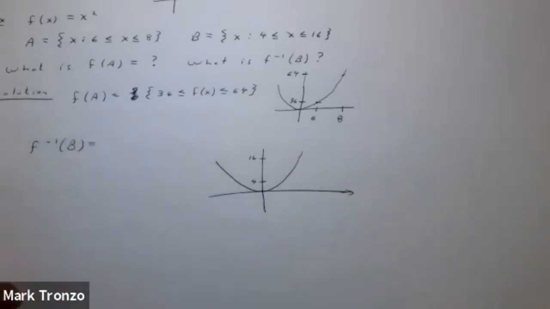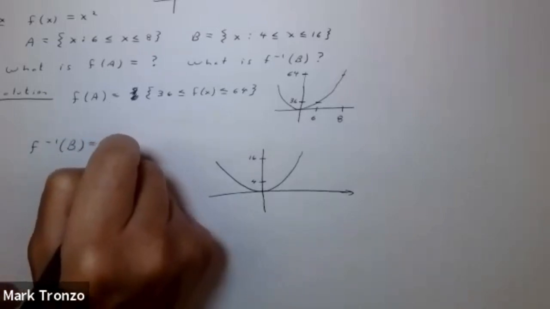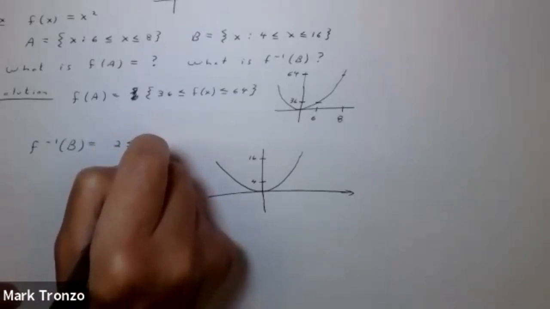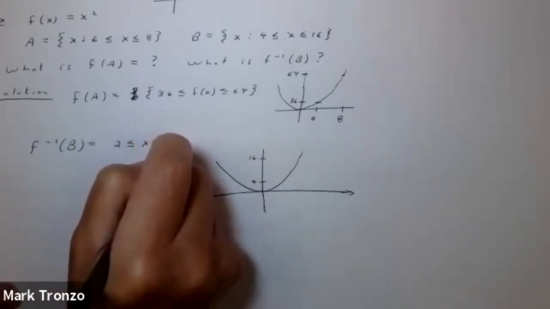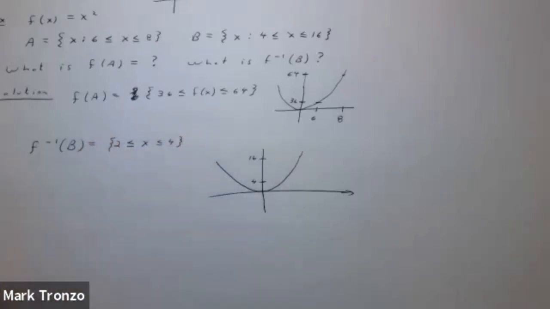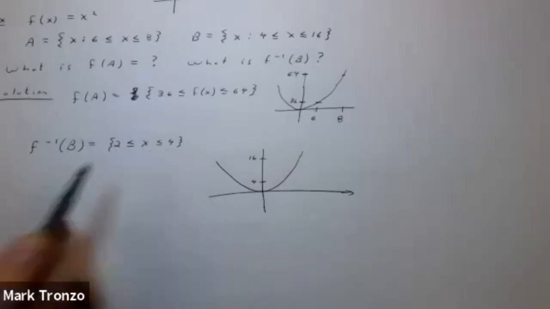Would that be like 2 and 4? Yes, that's what this would say, but what else could it be?